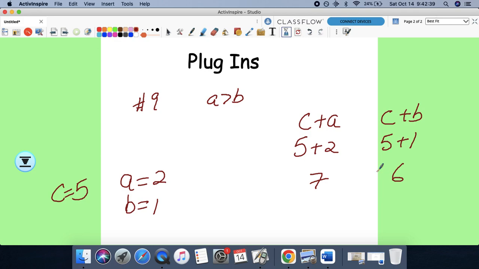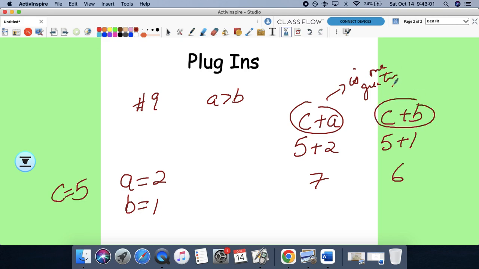C minus A is how much greater? So how much greater is this than this? What's the difference? 1, right? So this is 1 greater, in our example, than this guy.